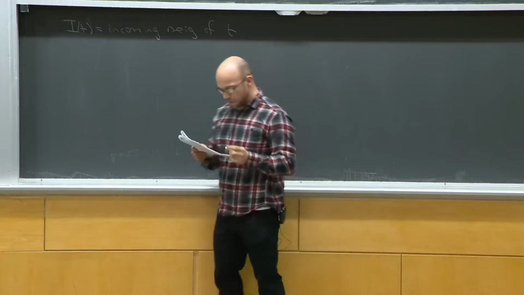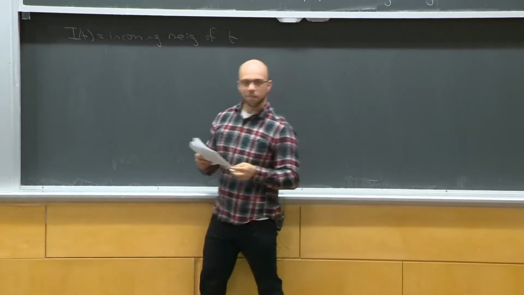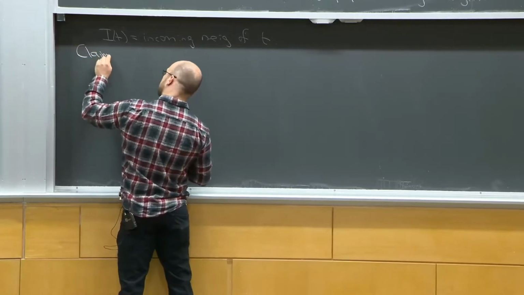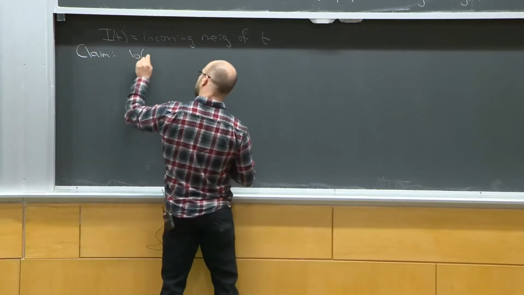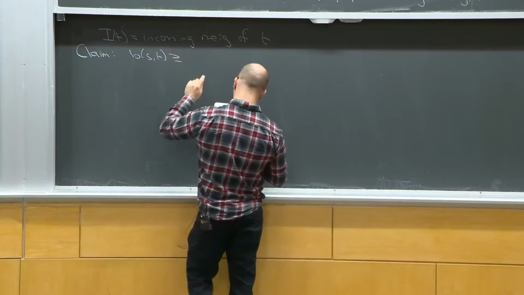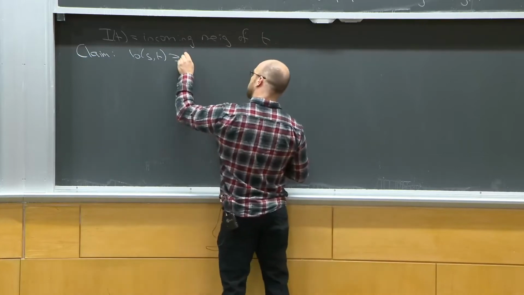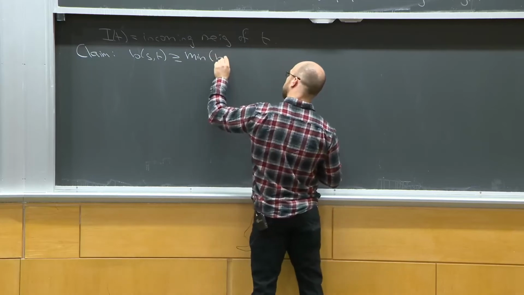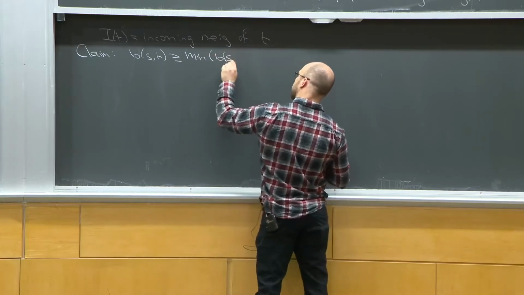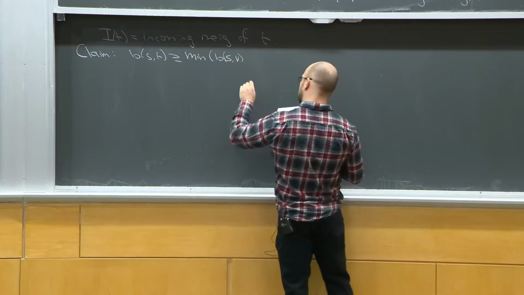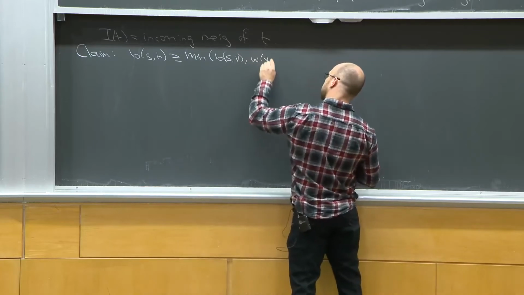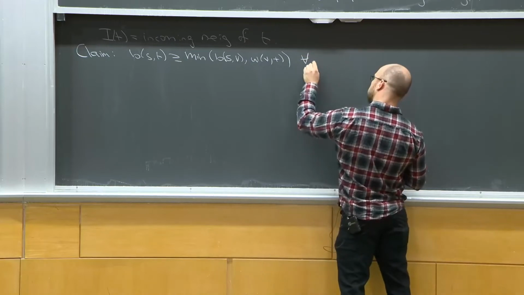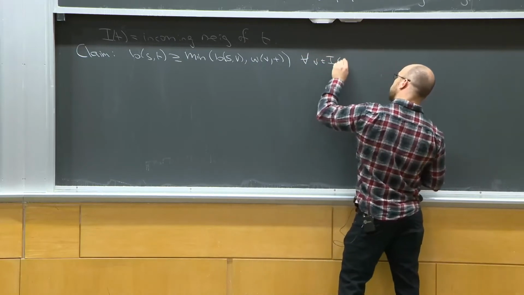Okay, and then the problem is asking you to prove a particular inequality here, claim, which is that b of s,t is bigger than or equal to the min of two values, b of s,v or w of v,t for all v in I of t.